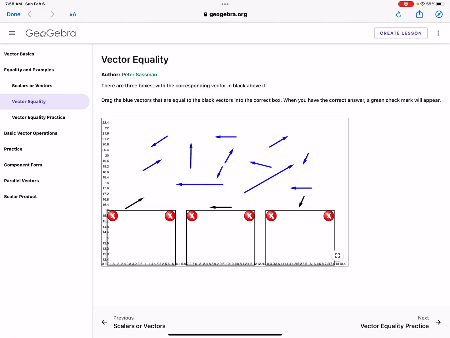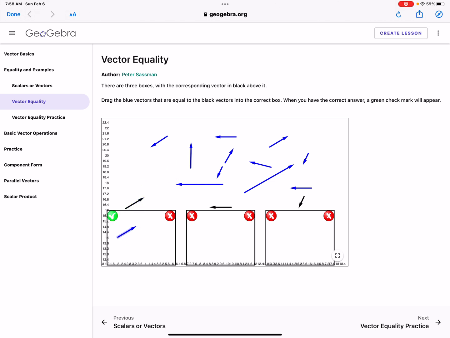So again, this activity is produced by the same teacher, Mr. Peter Sassman. And we have a bunch of vectors, the blue vectors in here, and we want to check and see which vectors are equal to the first and which ones are the second, and we'll have to drag them accordingly. So this vector here, I'm going to put it right on top of this vector.